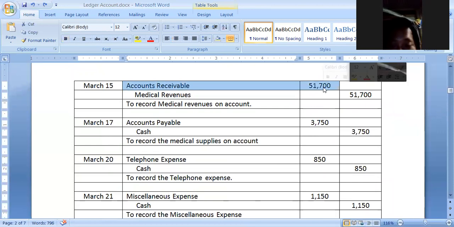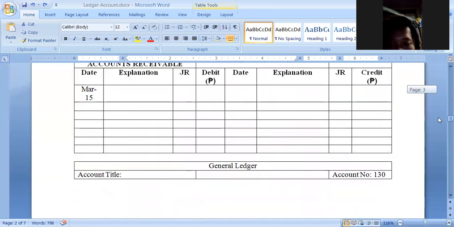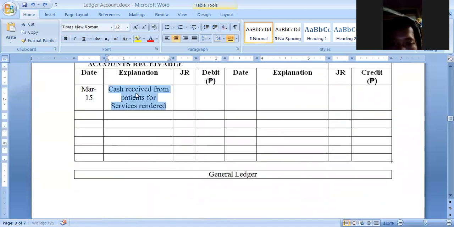Accounts receivable, it's 51,700 debited. This is cash received from patients for services rendered. General journal reference, general journal, page 1. Debit, 51,700.